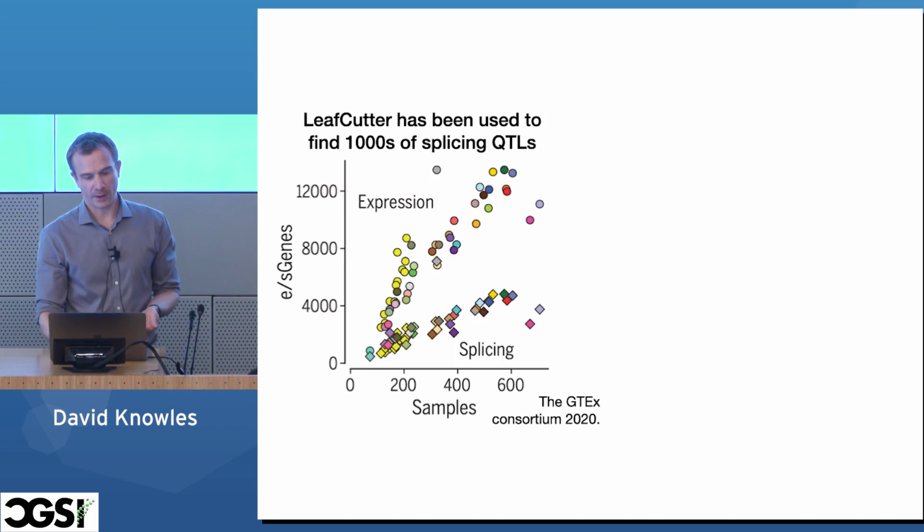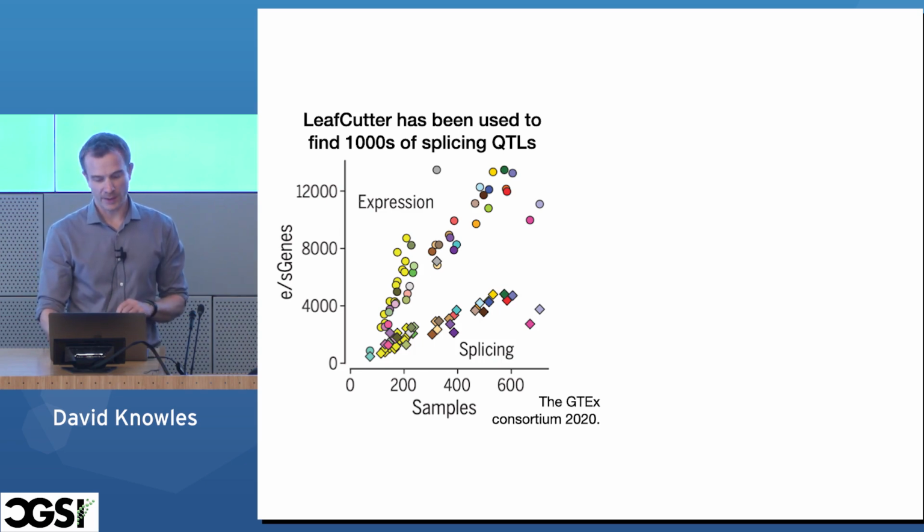One thing you can do with leafcutter is to map splicing QTLs. So we've heard a bit about expression QTL. So this is the analogous concept, but looking at splicing variation instead of expression variation. And GTEx have done this, for example, mapping splicing QTLs alongside their expression QTLs in many different tissues.